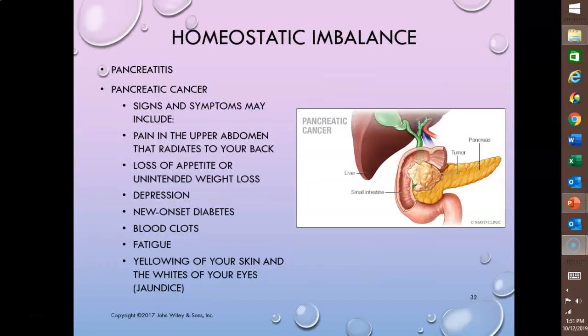Inflammation of the pancreas may occur with chronic alcohol abuse or chronic gallstones, and it's called pancreatitis. A more severe condition known as acute pancreatitis is associated with heavy alcohol intake or biliary tract obstruction. That's just blockage of some of the ducts associated with the secretion of bile.